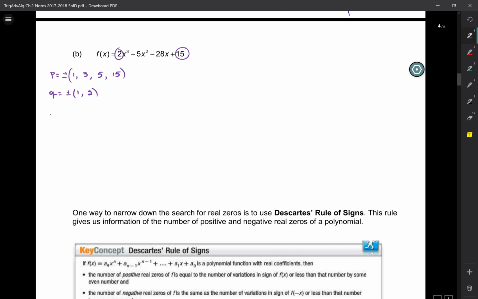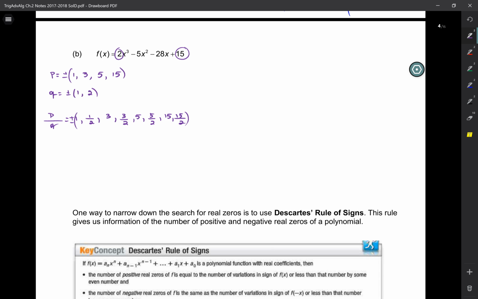Now, P over Q is going to be 1 over 1, which is 1, 1 over 2, 3 over 1, 3 over 2, 5 over 1, 5 over 2, 15 over 1, 15 over 2. And all this with a plus or minus.